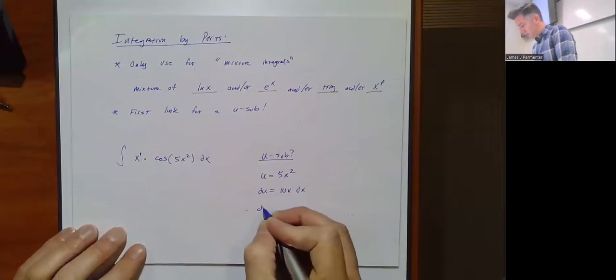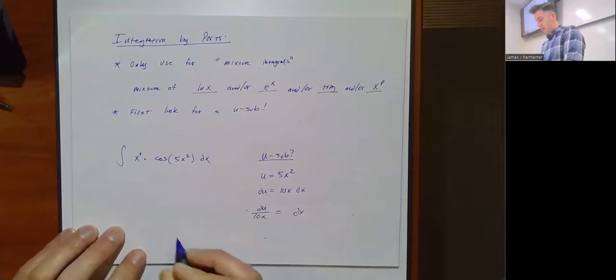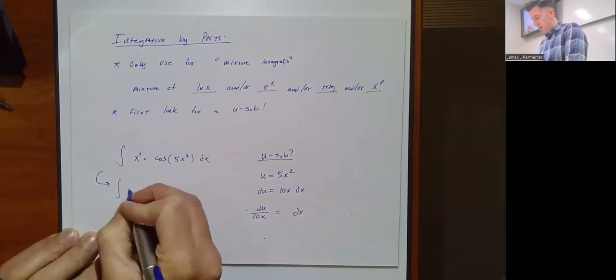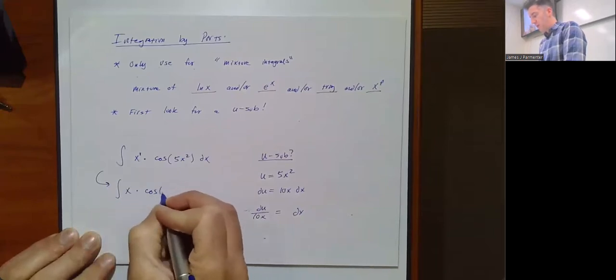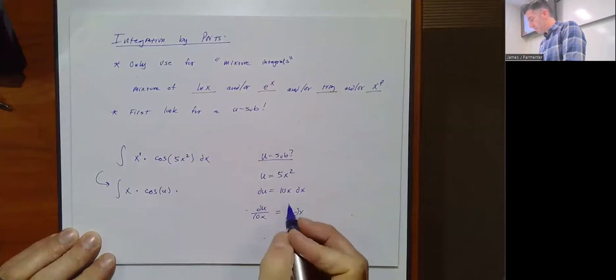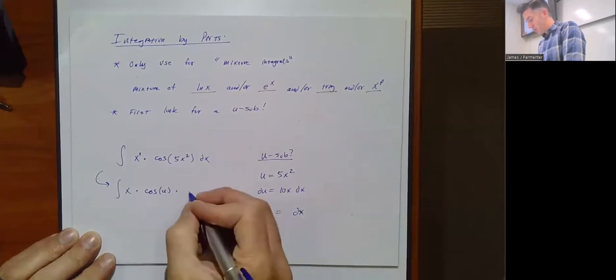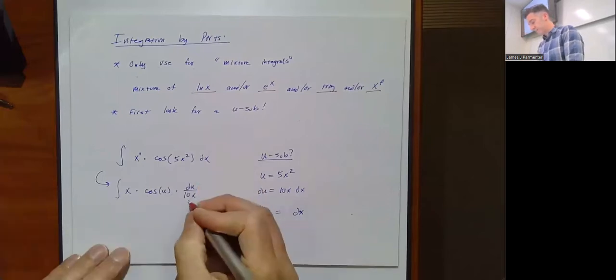Then we can do it the way your teacher likes to do it: dx equals du divided by 10x. We rewrite this as x times cosine of u times du over 10x, and the leftover x's cancel out.